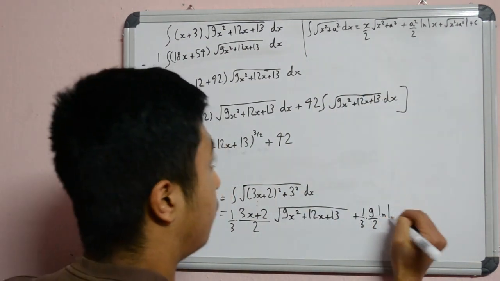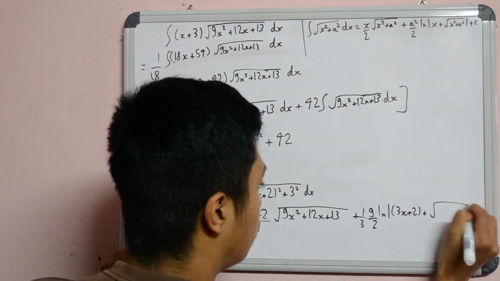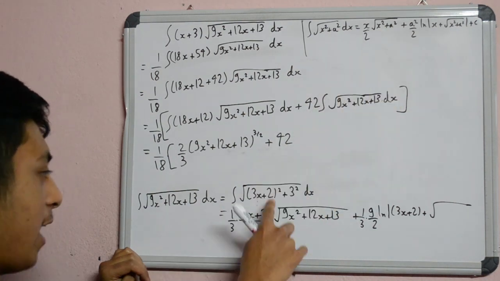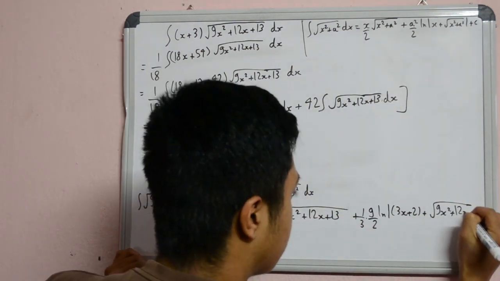Log natural of 3x plus 2 plus root, again x squared plus a squared, this is just that, so this is 9x squared plus 12x plus 13.